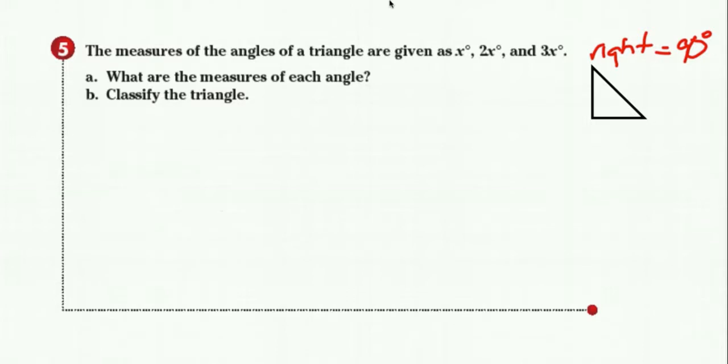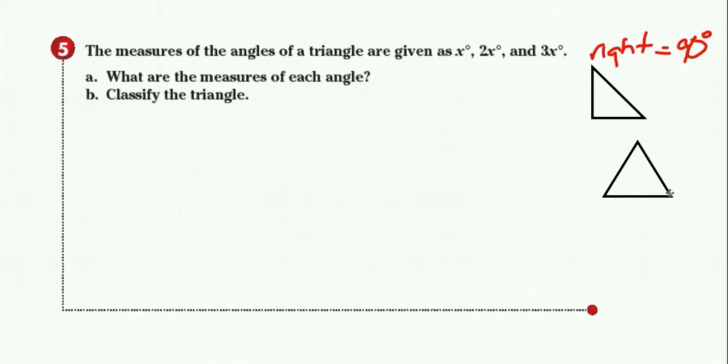And you have an obtuse triangle, and in an obtuse triangle you have a triangle where one angle has a measure of more than 90 degrees.